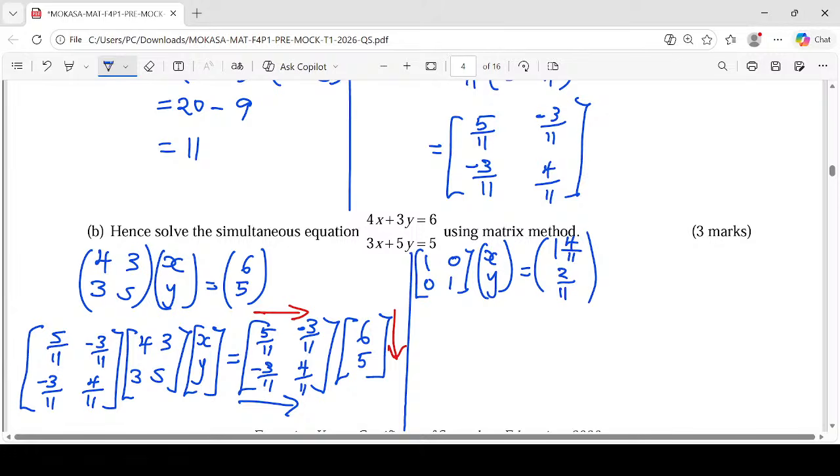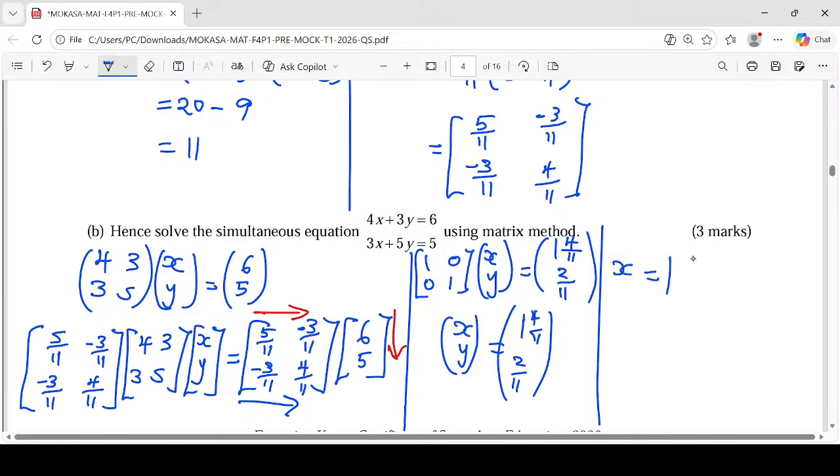So x y is equivalent to 1 4/11 and 2/11. This means x is equivalent to one whole number 4/11 and y is equivalent to 2/11. Those are the values of x and y by use of the matrix method.